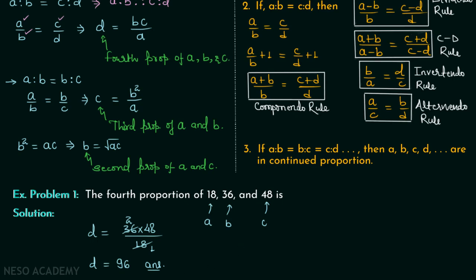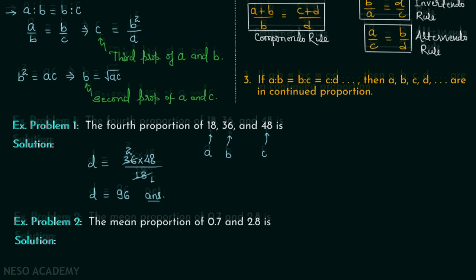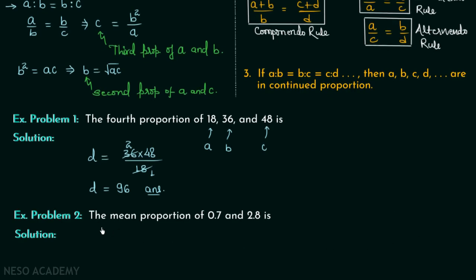Now we will move on to our example problem number 2. In this problem, we are required to find the mean proportion of 0.7 and 2.8.